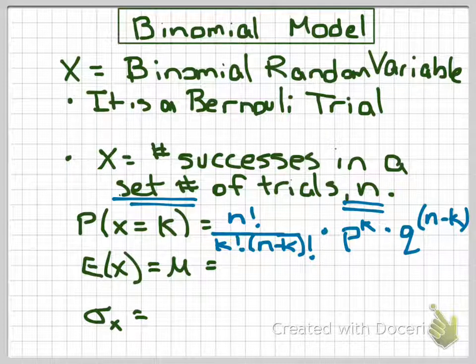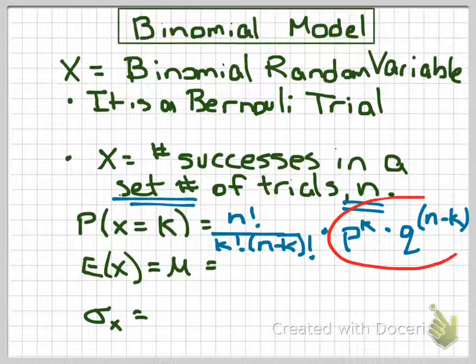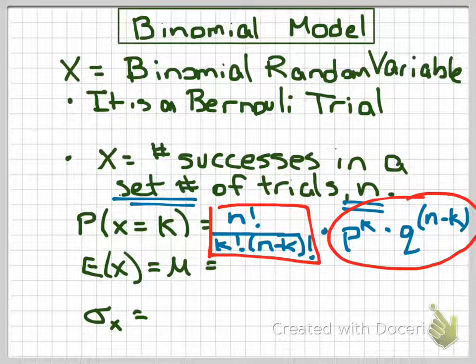Now, this part right here, let's switch colors for a sec. This part right here describes a single result where you have exactly K successes. But we need this value, which is over here. This is called the binomial coefficient.